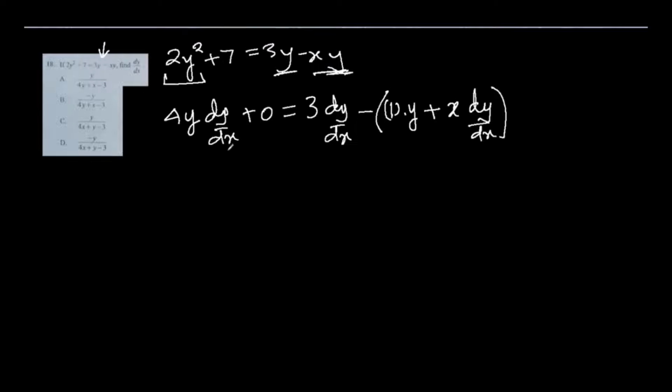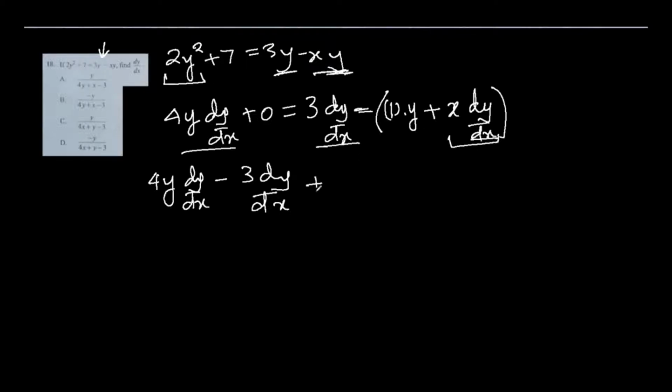All right. And now let's collect dy over dx on the left side, because that's what we want to find out. So 4y dy over dx was already here, but this 3 dy over dx was not, so it comes to the left side and becomes negative. This negative will make this also negative, so it comes to the positive side, becomes positive. Only this y is left here, which is minus y because of the minus.